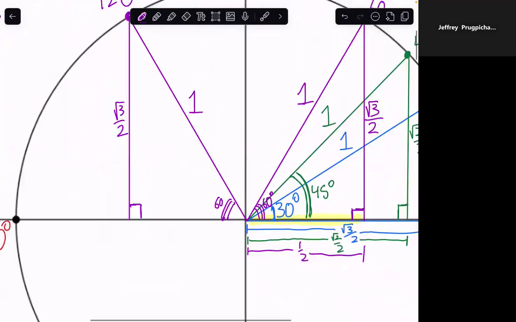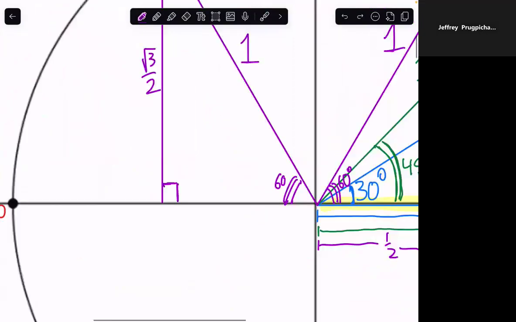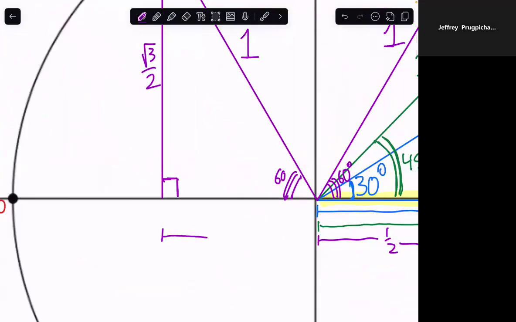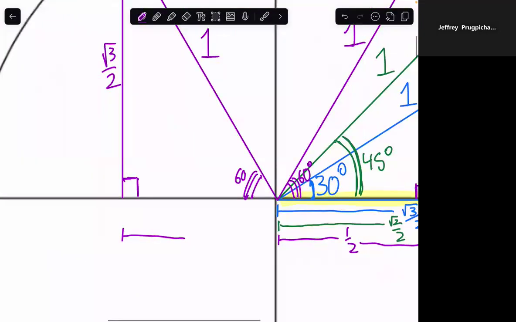So even though this side was positive a half for the 60-degree triangle, when we reflect it over, now that it's going to the left, we need to call it the negative version. It seems kind of funny for a side length, but we need to consider this to be not half a unit wide, but negative 1/2.